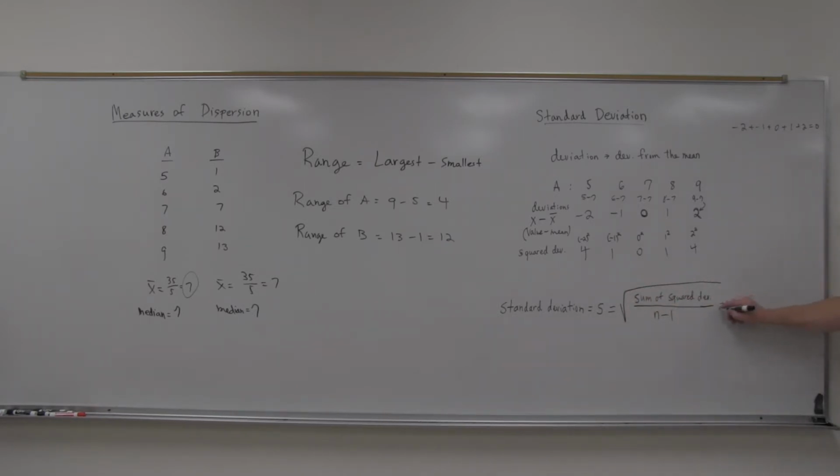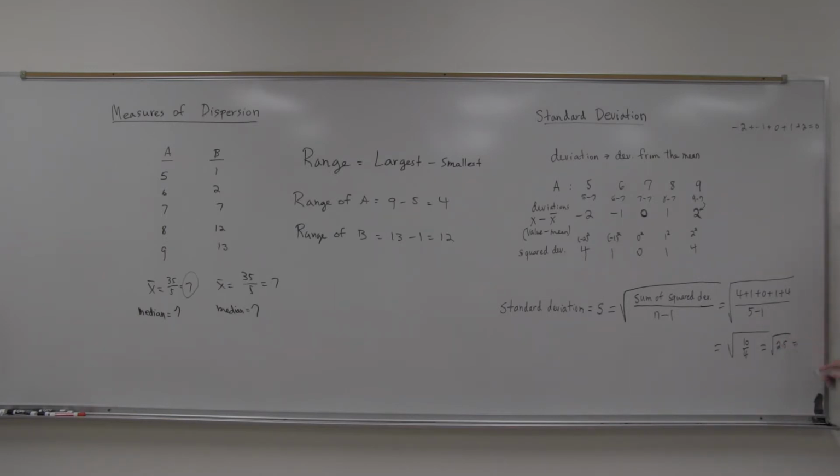So in our example here, the top line, I'm just going to add 4 plus 1 plus 0 plus 1 plus 4. Then I'm going to divide. I've got 5 of them, so I'm going to divide by 5 minus 1, and then square root all of that. So what does that give me? 10 divided by 4, which is 2.5.